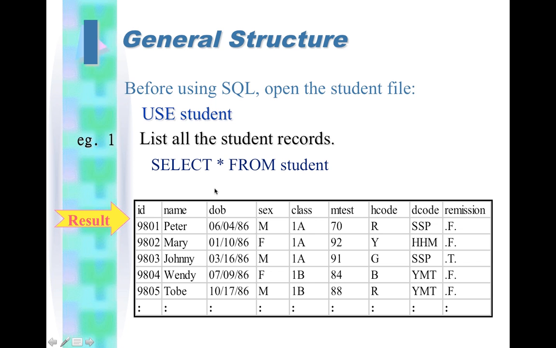So star can be replaced by whatever you want to fetch. So what are you going to do? Select name from student where sex is female and class equals 1B.